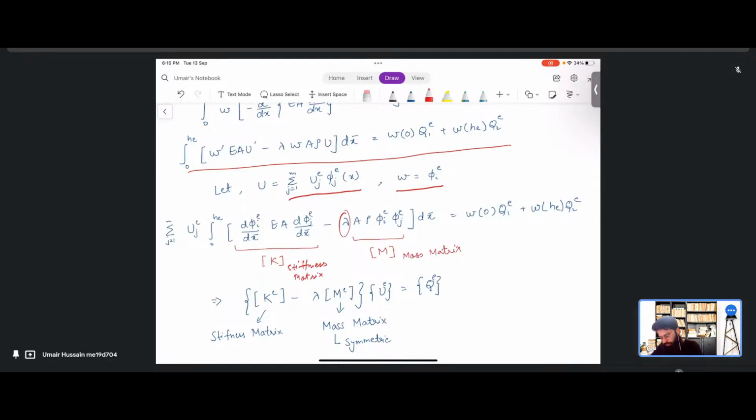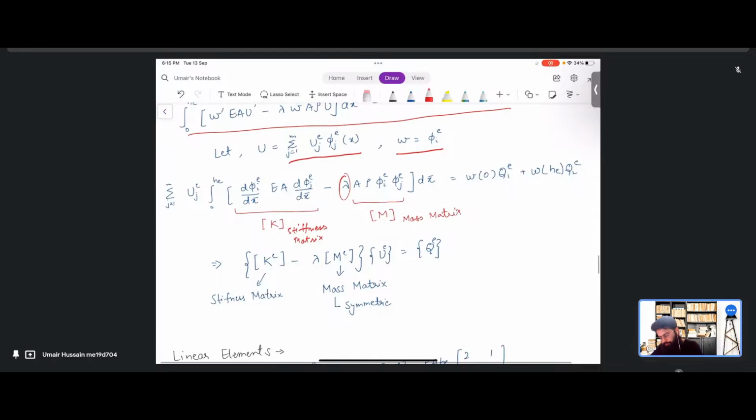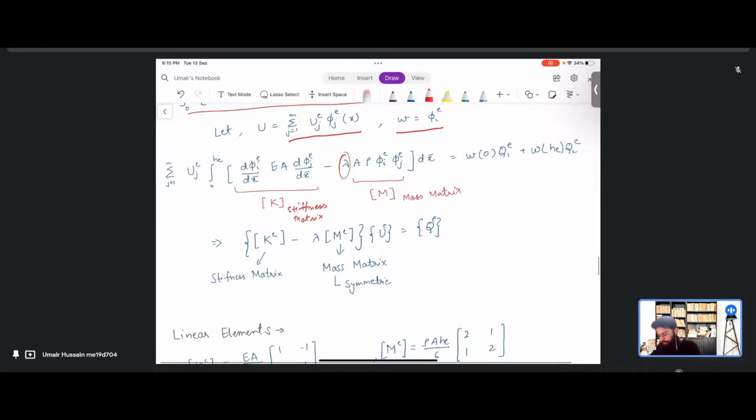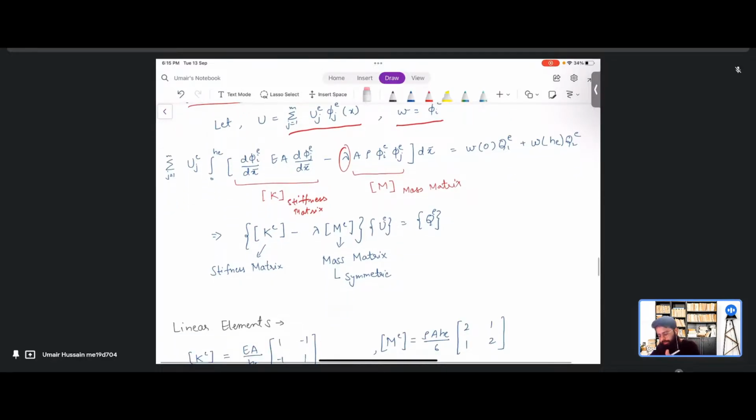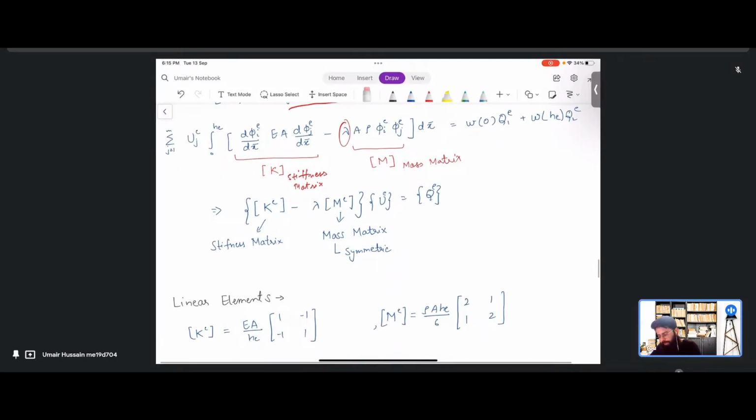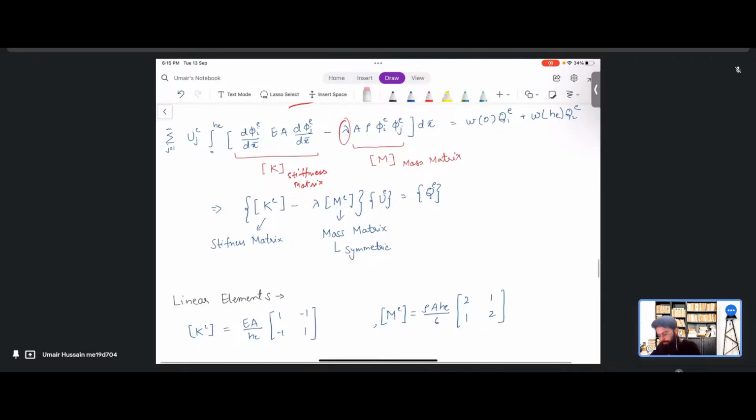Just like the stiffness matrix, the mass matrix is also symmetric, and we get the equation in this form, just like the normal FEM, except we now have a mass matrix term involved.